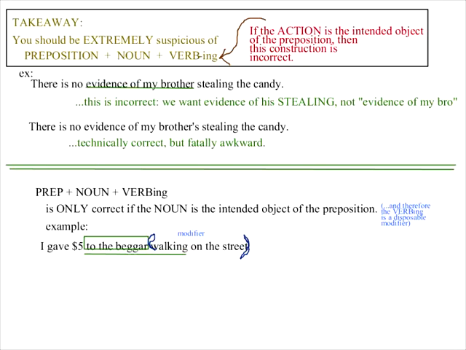But if the verb-ing is an actually necessary part of this prepositional phrase, then it's wrong. So especially if it's of plus noun plus verb-ing, I've never seen a context in which that is actually correct. Ron has never seen an official context in which of plus noun plus verb-ing is correct.